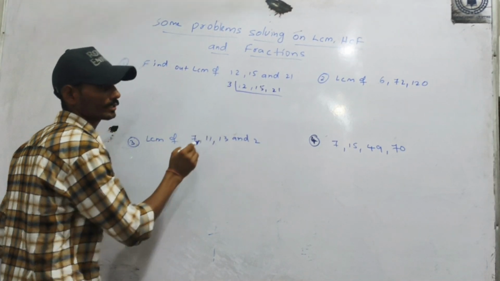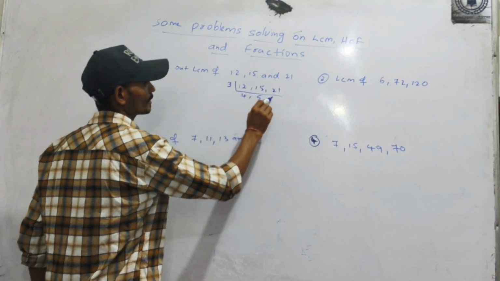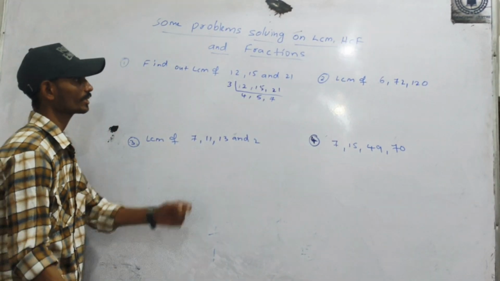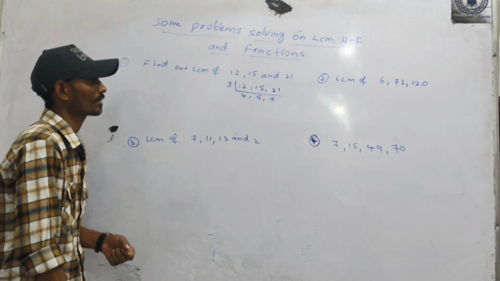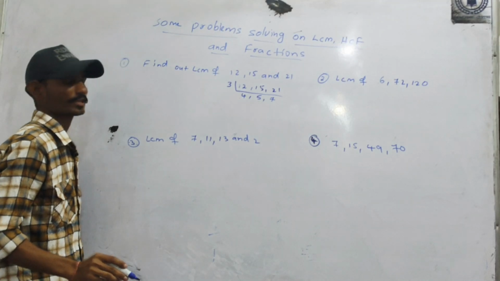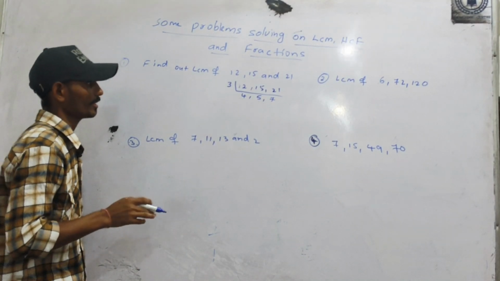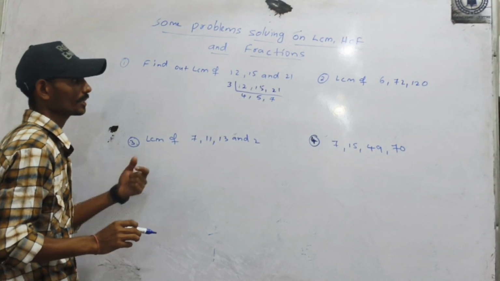So you take 3: 3 fours are 12, 3 fives are 15, 3 sevens are 21. Next, again you check whether at least two numbers are divisible by a single number. This is the 4 table, this is the 5 table, this is the 7 table. All numbers have different tables, so it is not possible to divide at least two numbers by a single number.